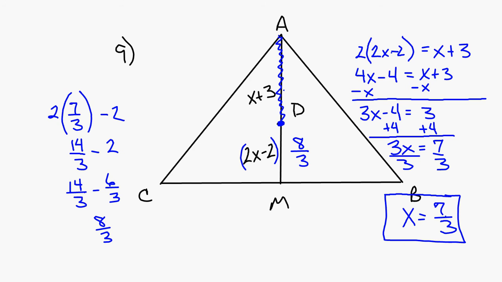And 2 times 8/3 would be 16/3. Can you guys do that in the calculator? 8 over 3 times 2. Look for the ABC button. It's usually over there on the left. First or second one up from the bottom.